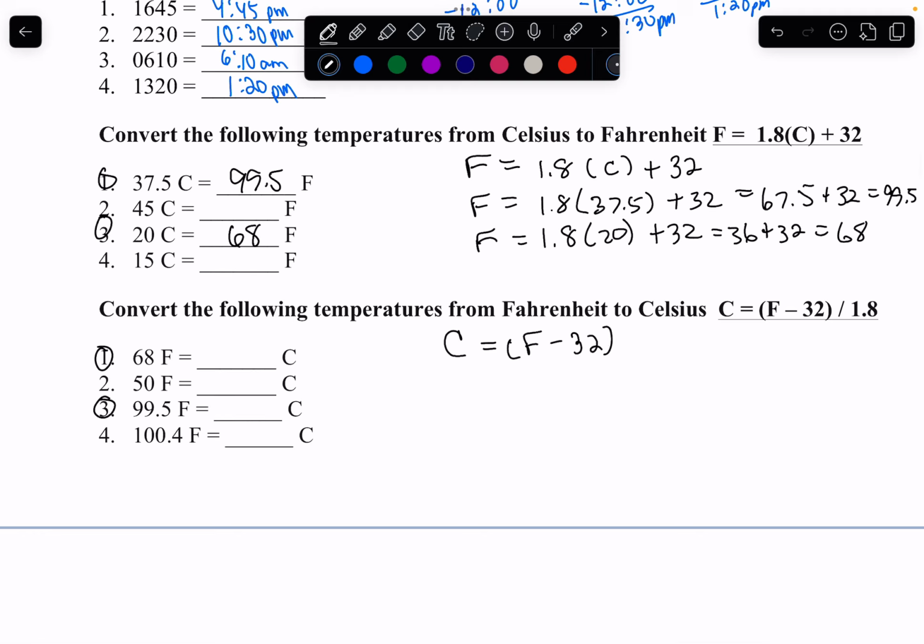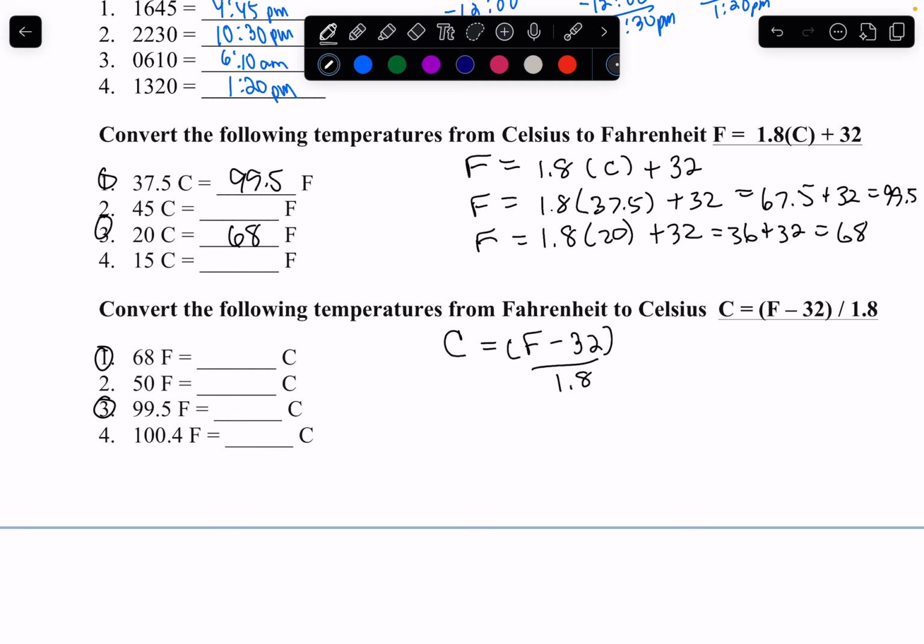Mathematically, that's telling us that we are going to input a Fahrenheit and get out a Celsius. Be careful. You should think of it as kind of doing the reverse order of operations here. Instead of adding 32, you subtract 32 first, then divide by 1.8. So it does reverse the formula we saw in the Celsius to Fahrenheit.